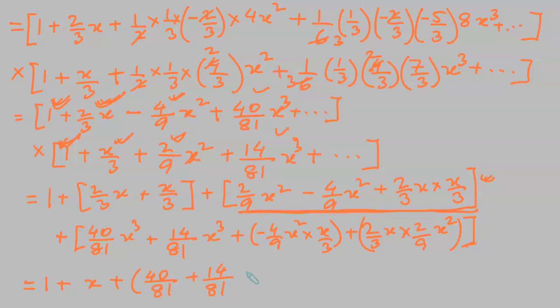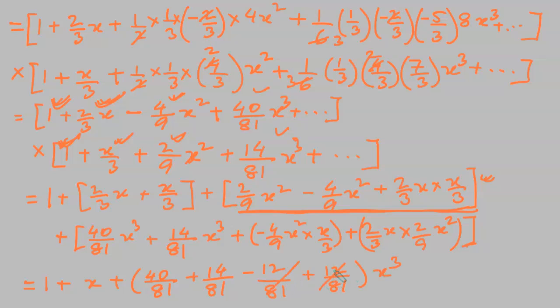So it will be minus 12. 4 times 3 is minus 12, negative 4 times 3 rather, over 81, and this one is 3 times 9 is 27, and 2 times 2 is 4, 4 times 3, so this is plus 12 over 81 x to the power of 3.